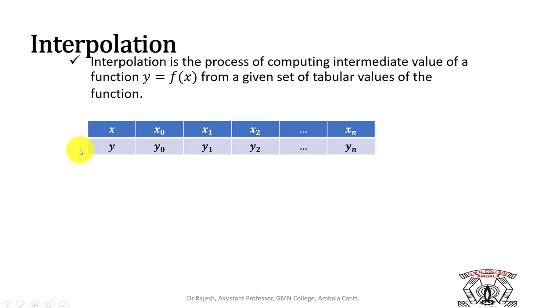Then this is the set of values, and computing the intermediate value of a function from a given set of tabular values is called interpolation. If we are asked to find the value of the function in between them, then that is called interpolation.